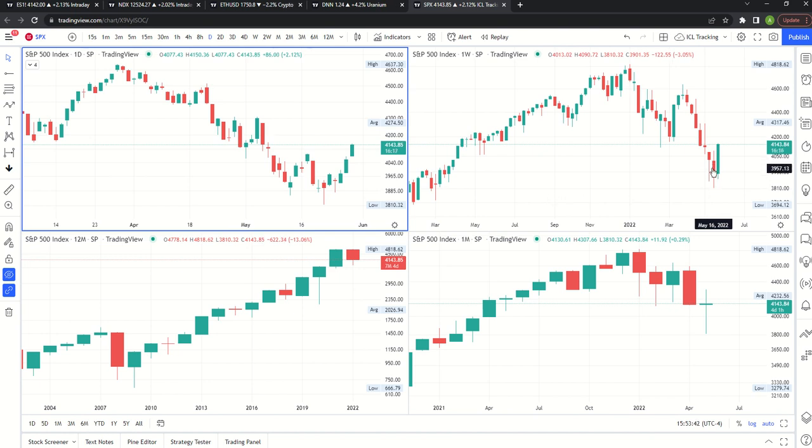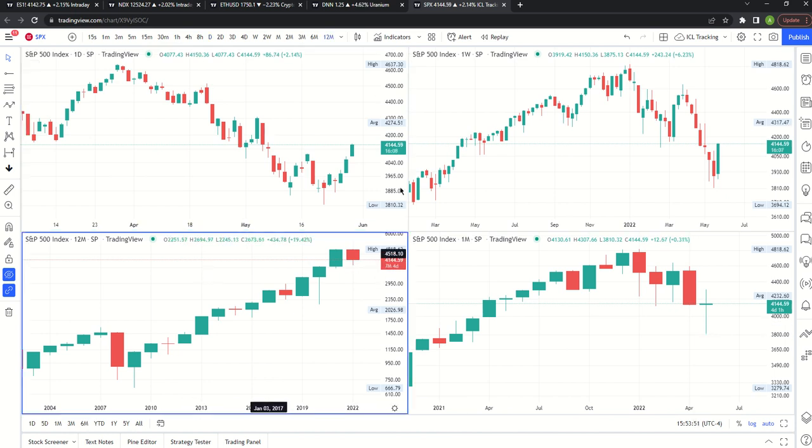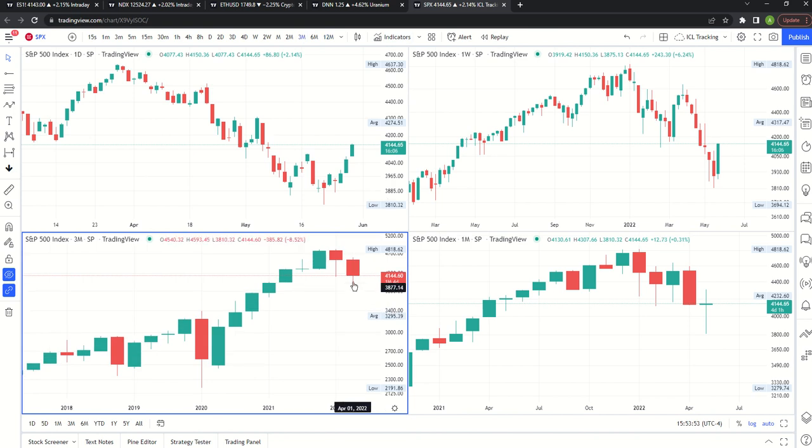And this on the weekly chart is what caused this low on the monthly chart. And this low on the monthly chart is what is causing this low on the yearly chart. I hope you're following there.